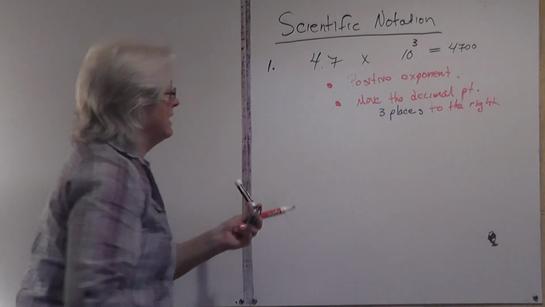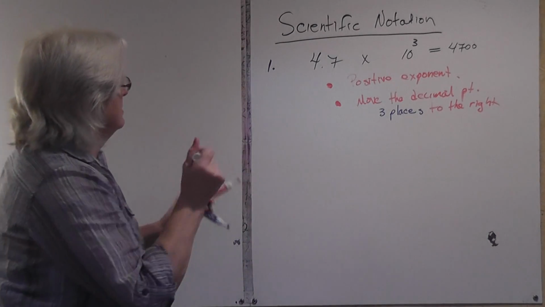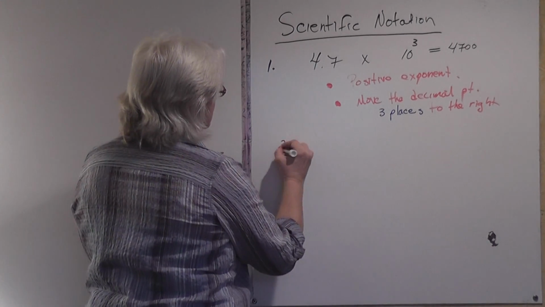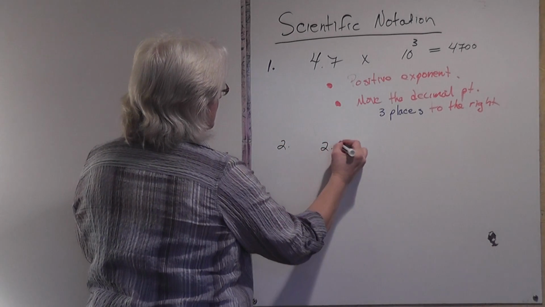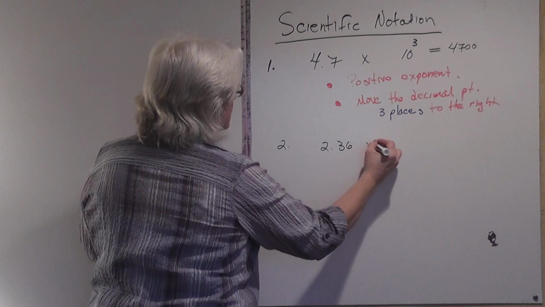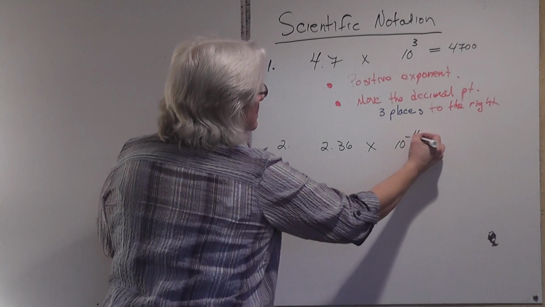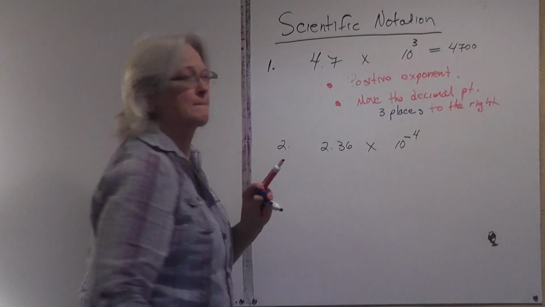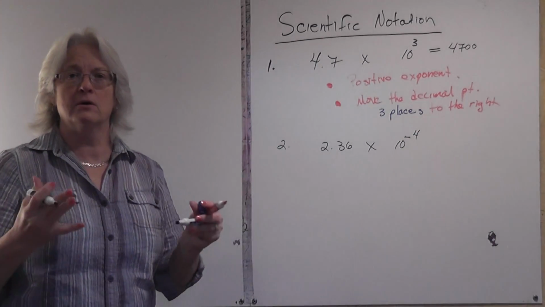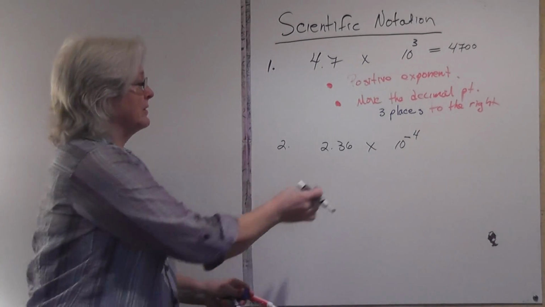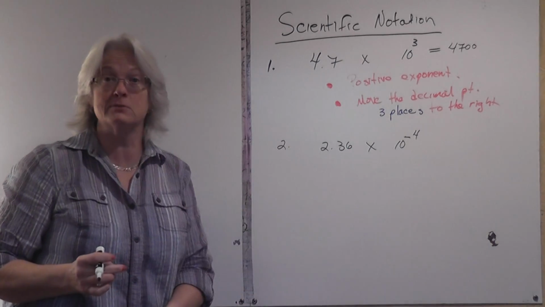Now, what are we going to do when we have a negative exponent? How about if we have 2.36 times 10 to the negative 4. Okay. You say, oh man, Miss Betsy, we got a problem here because we have 2 numbers after the decimal point.